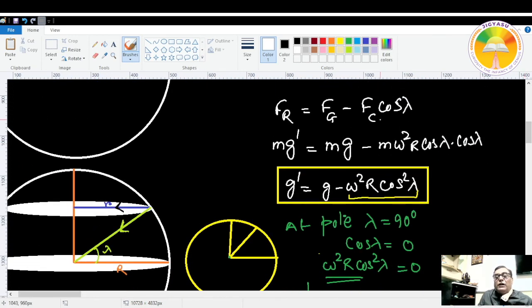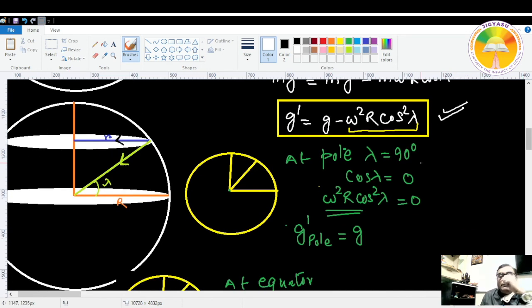That will be a reduction factor. So we can make a net equation. The resultant force of attraction mg dash is equal to the force of attraction if the earth does not rotate, minus the component of centripetal force. Taking m common, we got the expression.